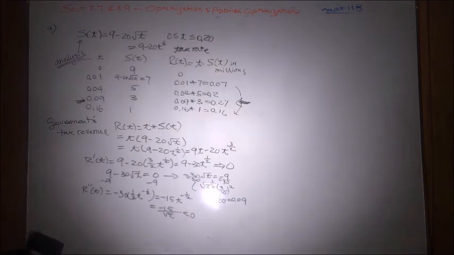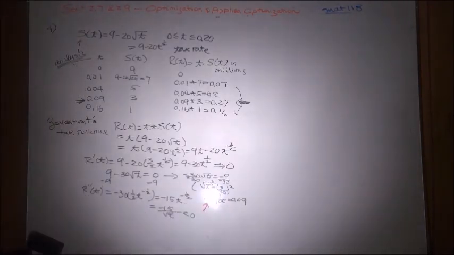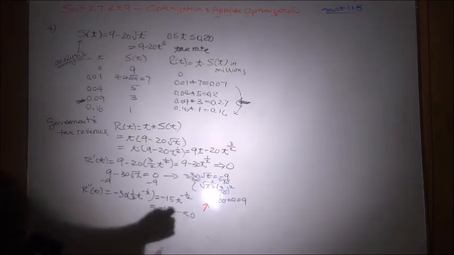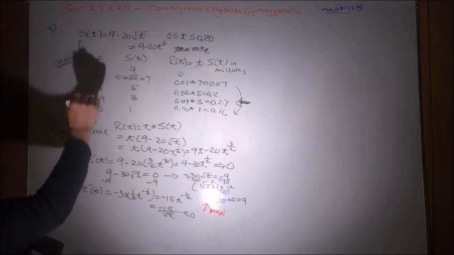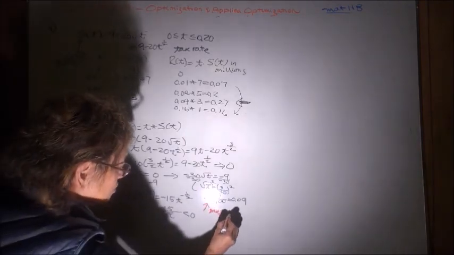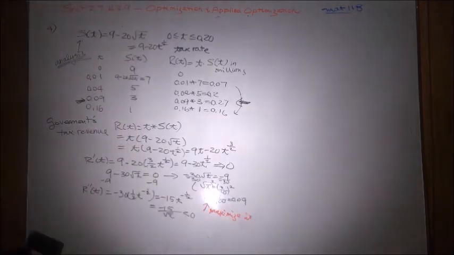So R double prime, the second derivative, is less than 0. It means the T will make the original function a maximum. So you will maximize the result, right?